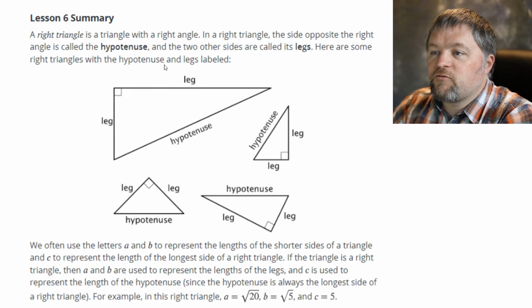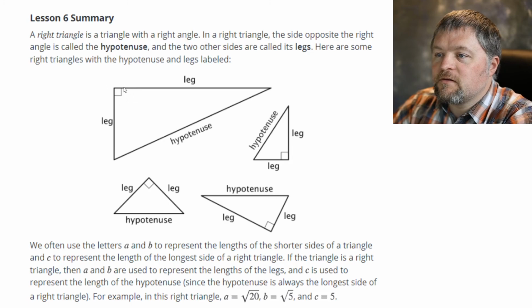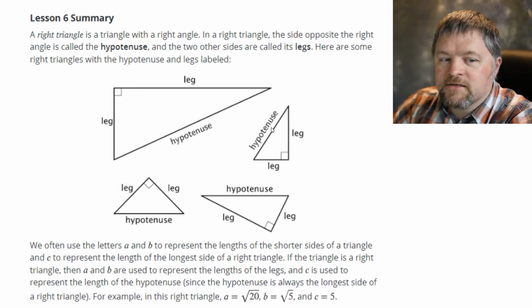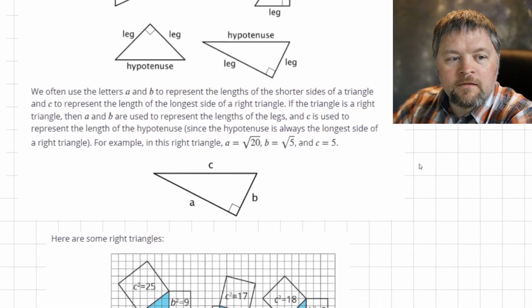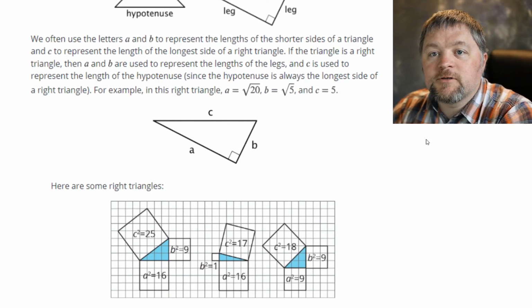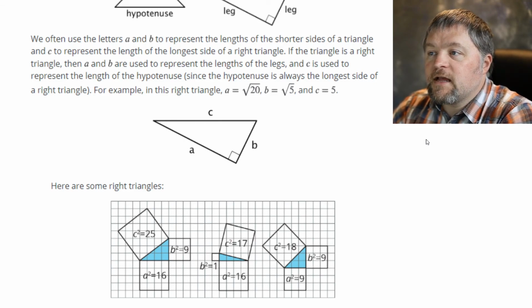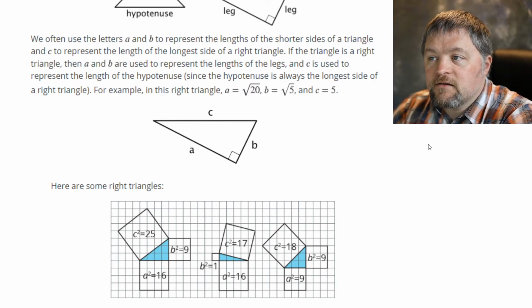Here are some right triangles with the hypotenuse and legs labeled. Right angle, touching the two legs, hypotenuse is opposite. Same thing in all of these spots. We often use the letters A and B to represent the shorter sides of a triangle and C to represent the longest side.